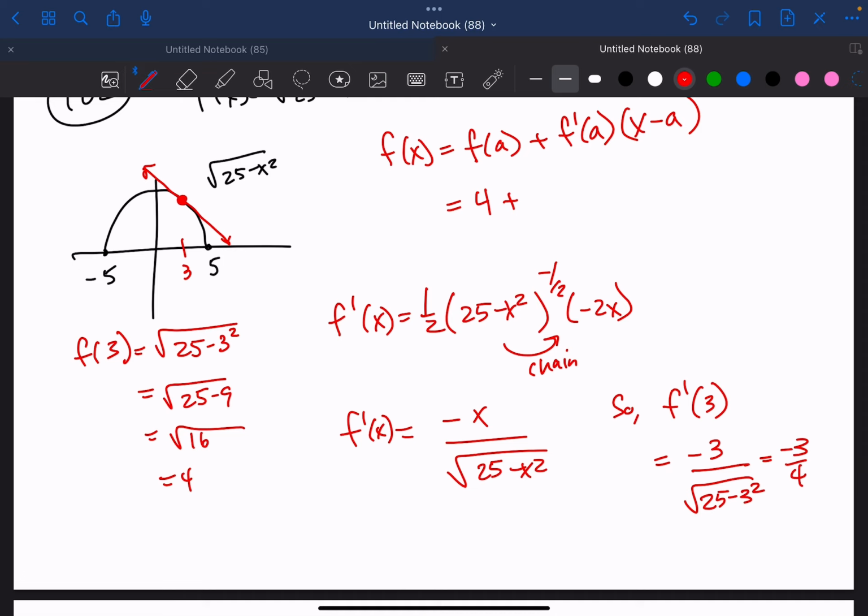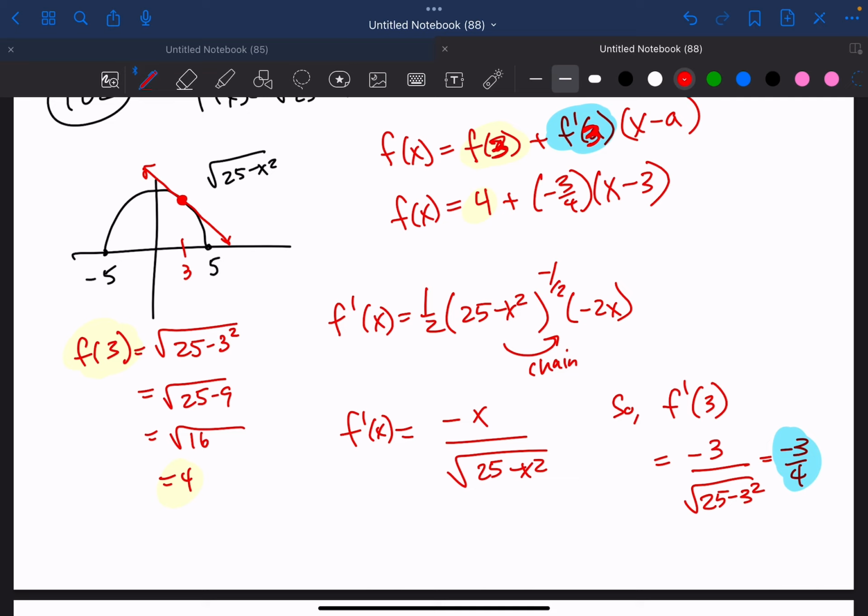So now, that derivative at a is just equal to negative 3/4, and f of 3 is just equal to 4. So if we're centered at 3, the derivative at 3 is negative 3/4, and this is x minus 3, right? x minus 3.